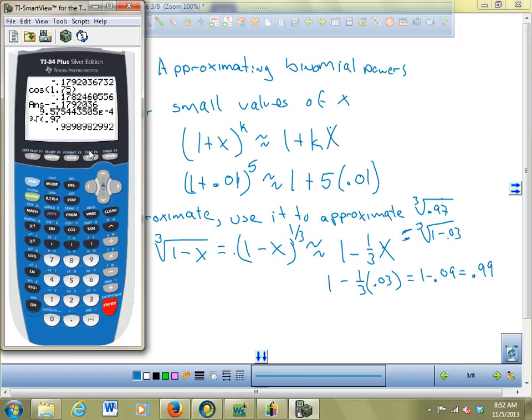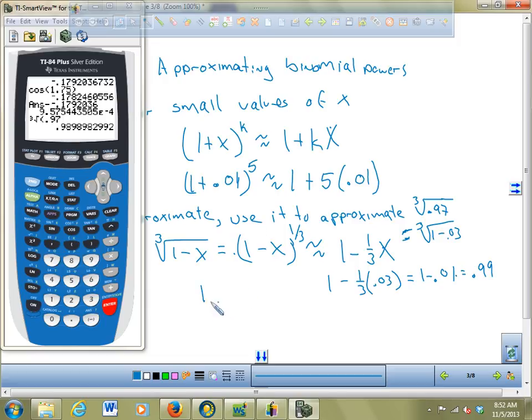Okay? 0.989, so I'm off by about 2/1000 or something like that, right? Because if I change this to a 2, everything would bounce up. So I'm really close. Oh, I wrote 0.09, but I meant 0.01. Yeah. Good. Don't listen to what I write. Listen. Okay, so that's approximating using the linearization.